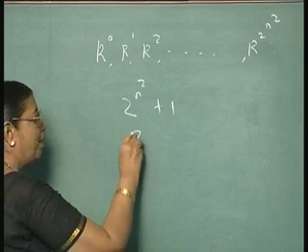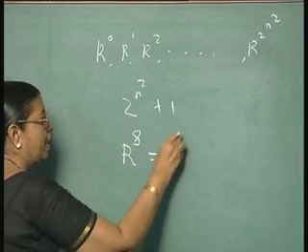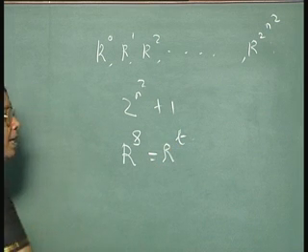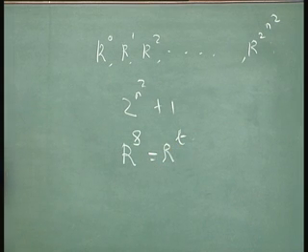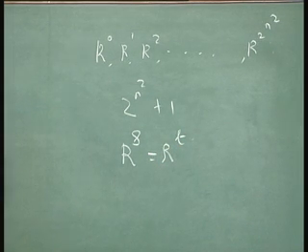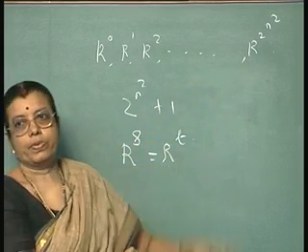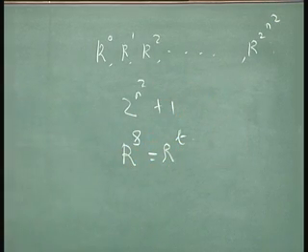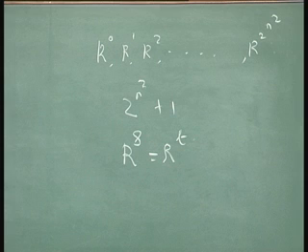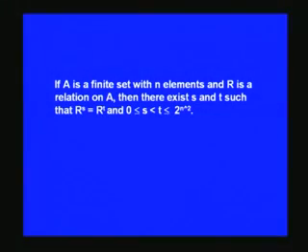Therefore, there will be some S and some T such that R power S is equal to R power T between these values. That is what is meant by this result: A is a finite set with n elements and R is a relation on A, then there exist S and T such that R power S is equal to R power T and S and T lie between 0 and 2 power n squared.